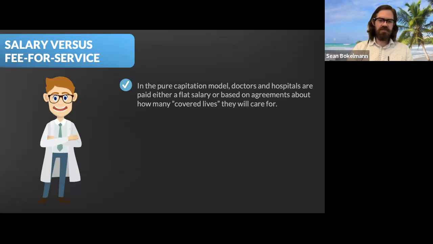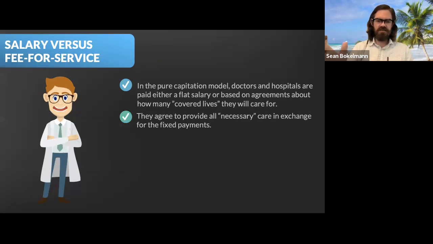So in this sort of pure capitation model, doctors and hospitals are paid either a flat salary, or they're paid based on some sort of agreement about how many covered lives they care for. So a capitation per head agreement, right?